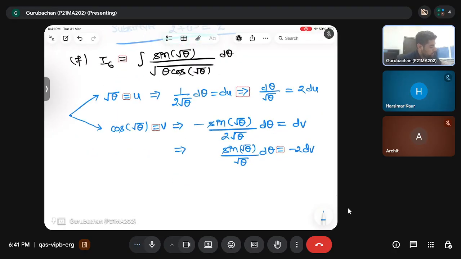Now since there are two possibilities, let us follow them, and this is your method 2.